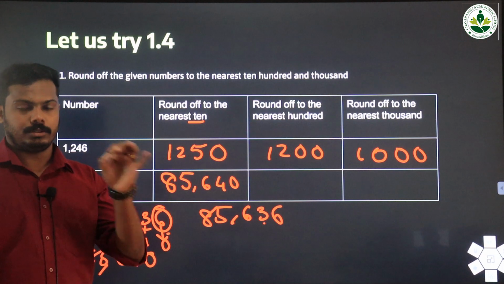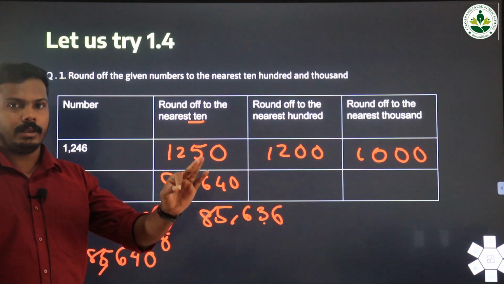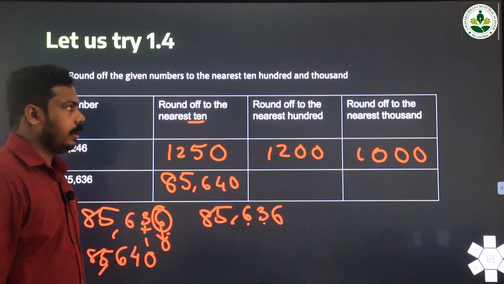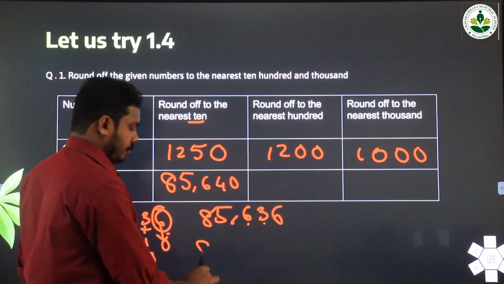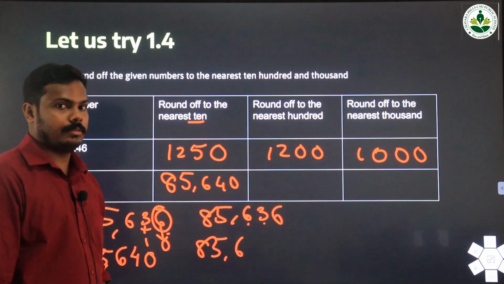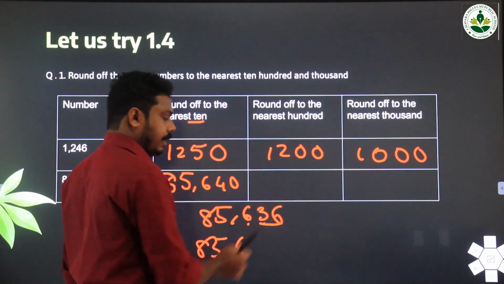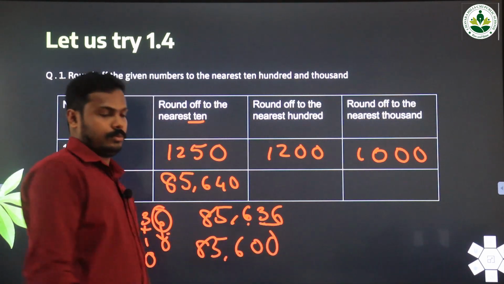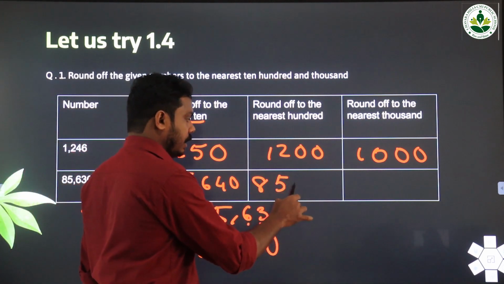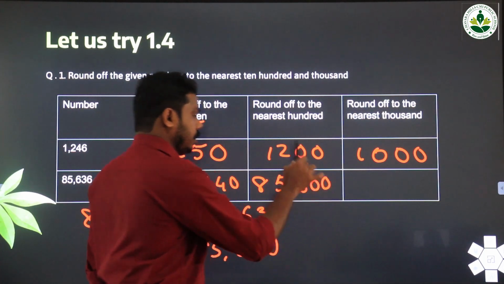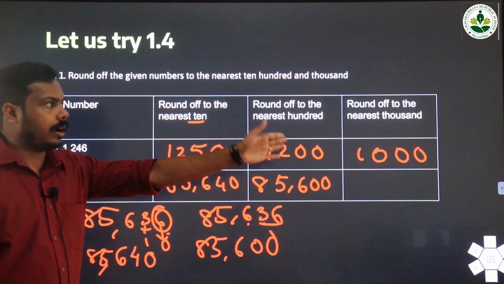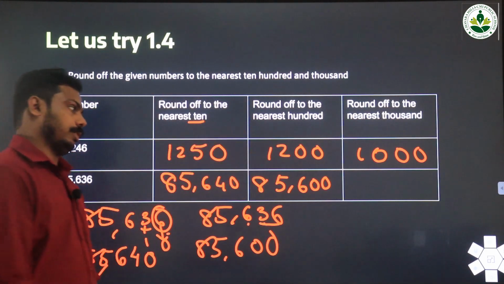If it is 0, 1, 2, 3 or 4, do not change the number in the 100 place, but change the next 2 digits into 0. So the nearest 100 is 85,600.